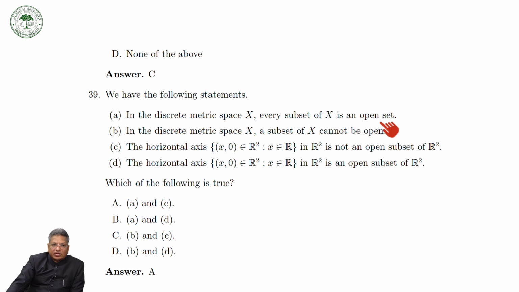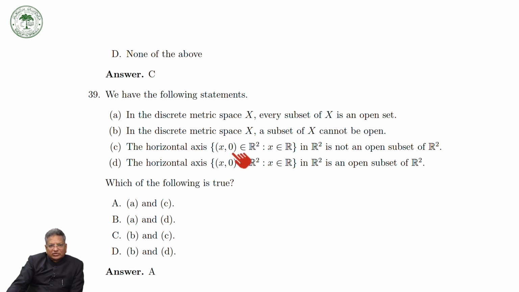Yes, it is true, because every subset of a discrete metric space is open as well as closed. So statement A is true. Either this is true or this is true, so forget about these two. You only have to check C and D. Forget about B, since in a discrete metric space X cannot be open.